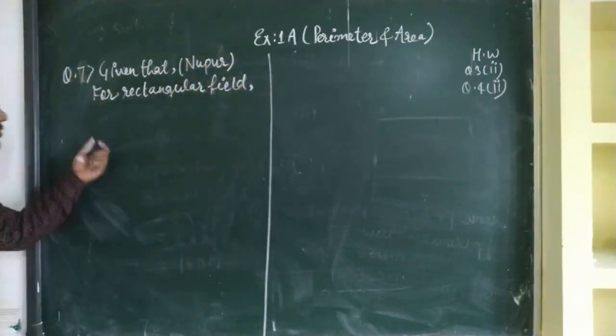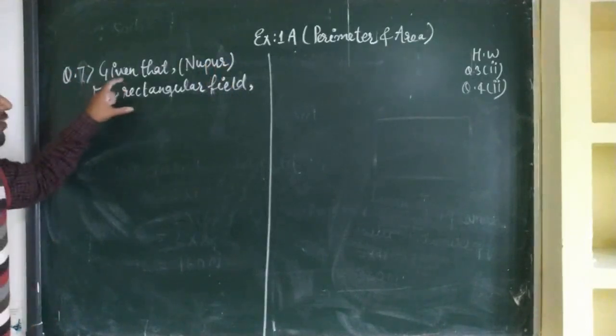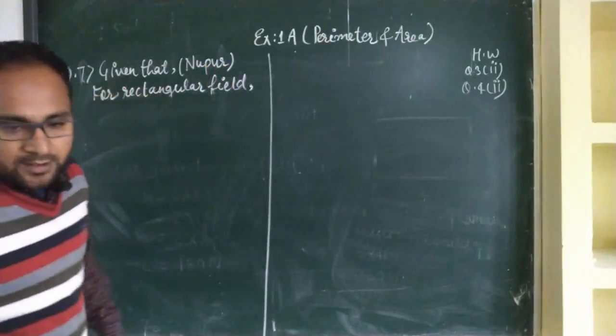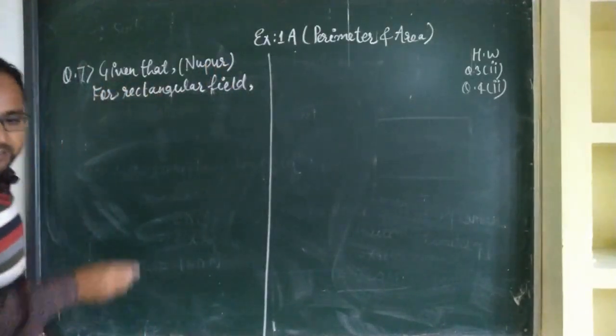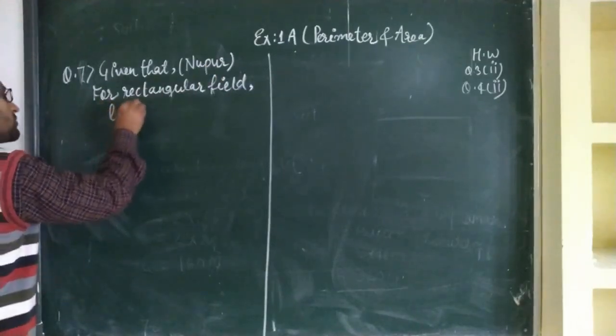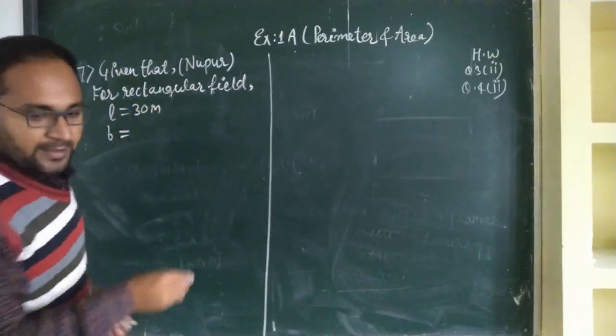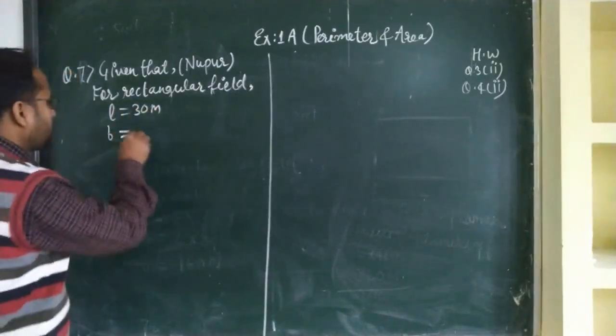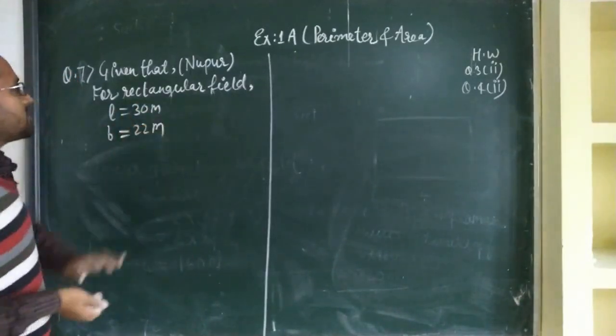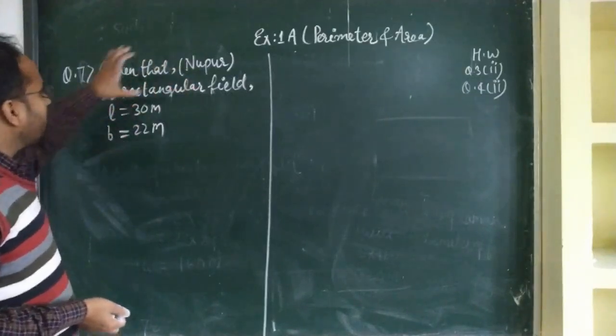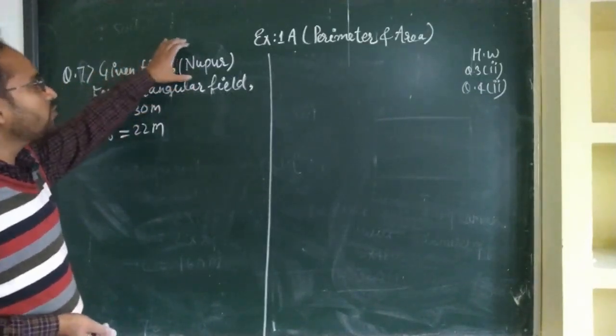For Nupur, the distance is covered according to this rectangular field. Its length is 30 meter and breadth is 22 meter. This is the region for Nupur.